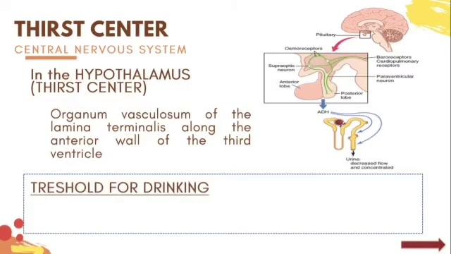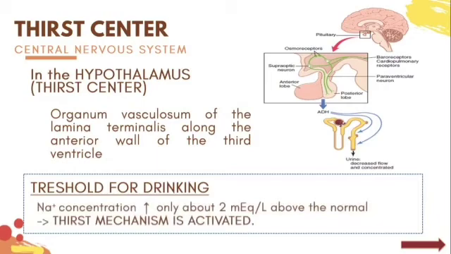As we know, sodium is the primary solute that determines the concentration of the fluid. So if this sodium concentration increases, even if only about 2 milliequivalents per liter above the normal value, which is about 135 to 145 milliequivalents per liter, the thirst mechanism will then be activated.